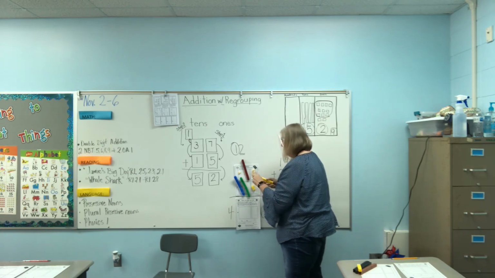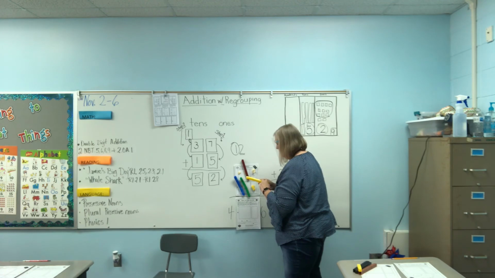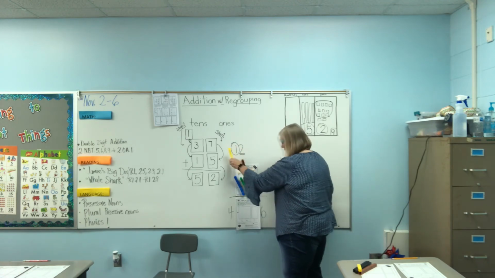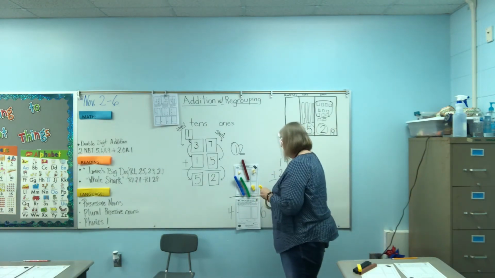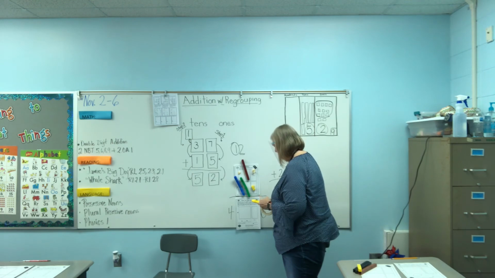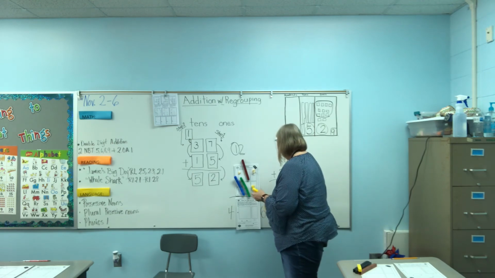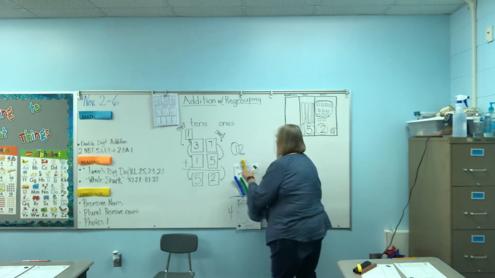So we have 1, 2, 3, 4, 5, 6, 7, 8, 9, 10. A set of 10 that needs to go up here, because it is going over to 9 plus 3 is 12.